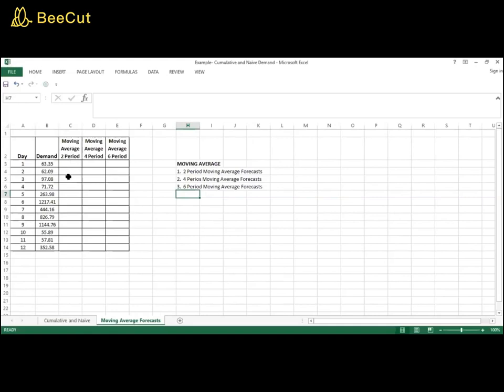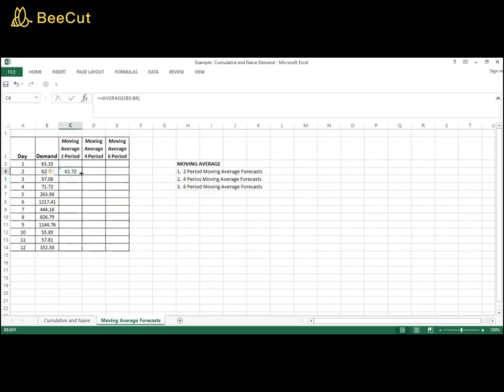For this, the first period will be left blank. And what I will do is take an average of just 2 periods, right? This is a 2-period moving average, so I need to take a 2-period average, and that is 62.72. So this is my forecast for period 3.